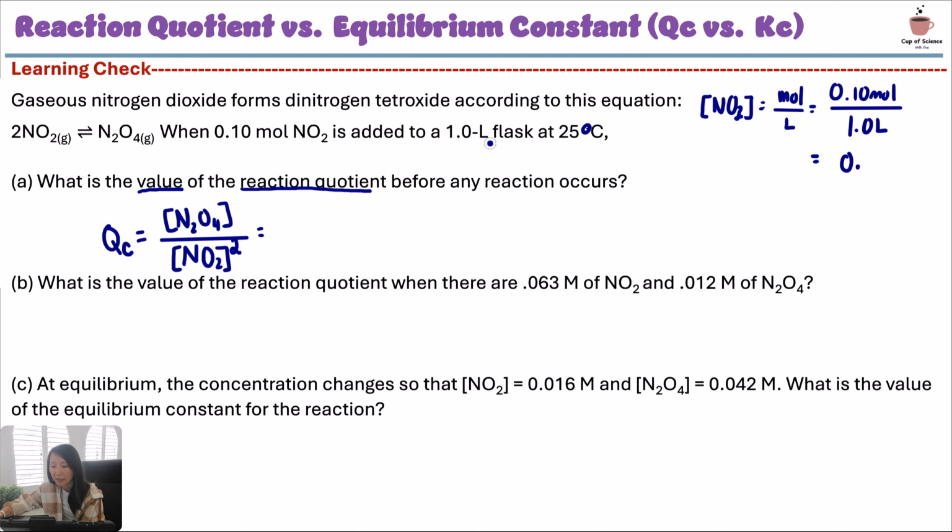If you calculate this out, it's 0.10 moles per liter, or molarity. So that value will go under here, 0.10 to the second power, and now we need to find out the concentration of N2O4.